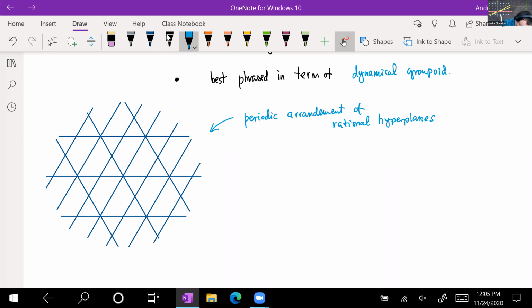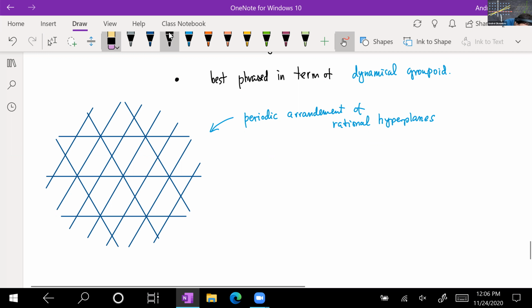So this is also an arrangement of codimension 1, or an arrangement of translates. Maybe I don't need arrangement for that.